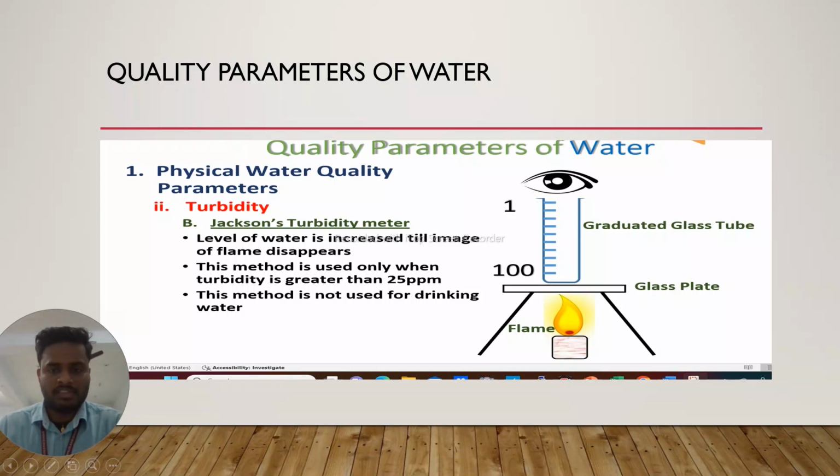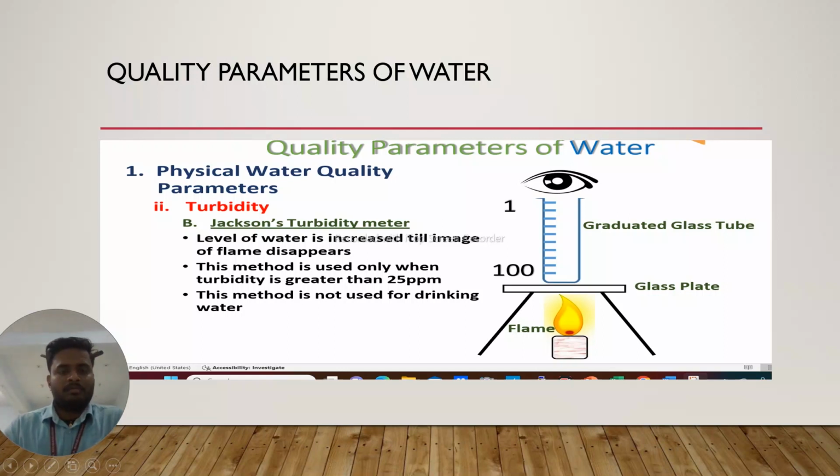This is the flame, this is the stand, and this is the container. In that container we add some water, and the level of water increases till the image of the flame disappears. This method is used only when turbidity is greater than 25 ppm.